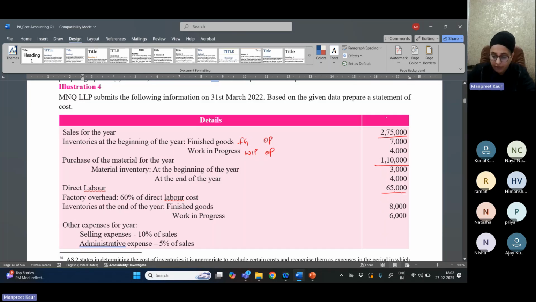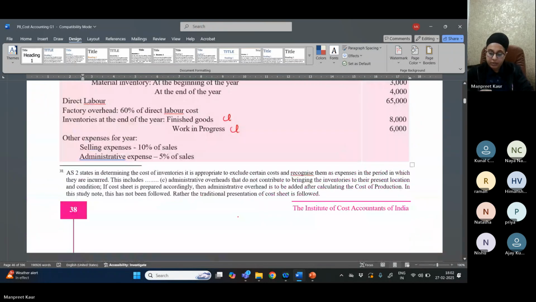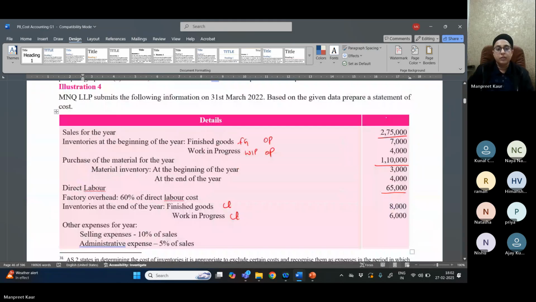Direct labor is 65,000. Factory overhead is 60% of the direct labor cost. Inventory at the end of the year: closing FG and closing WIP, 8,000 and 6,000. Other expenses: selling expenses is 10% of the sales and admin expenses is 5% of the sales. This is the question.